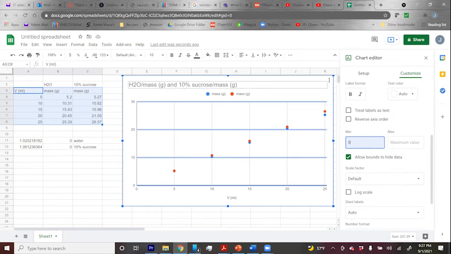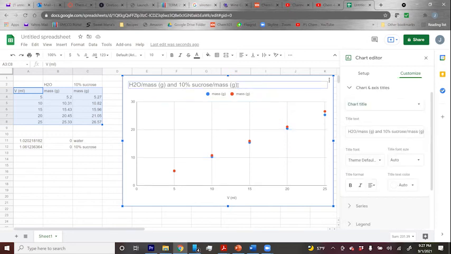So you should have a nice title up here, something like calculating density of sucrose solutions.